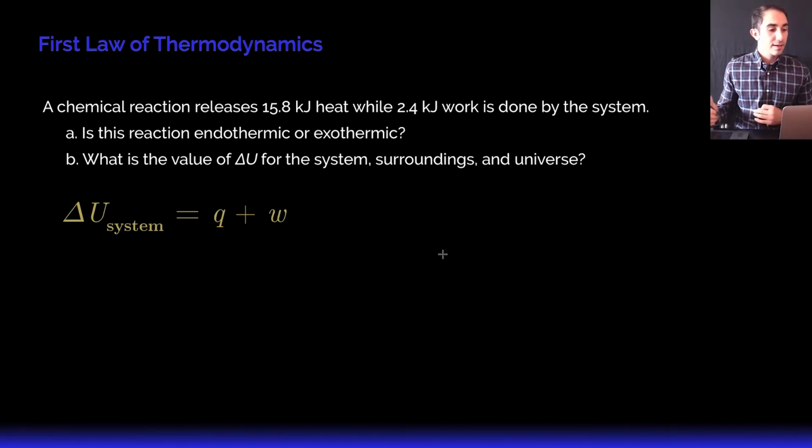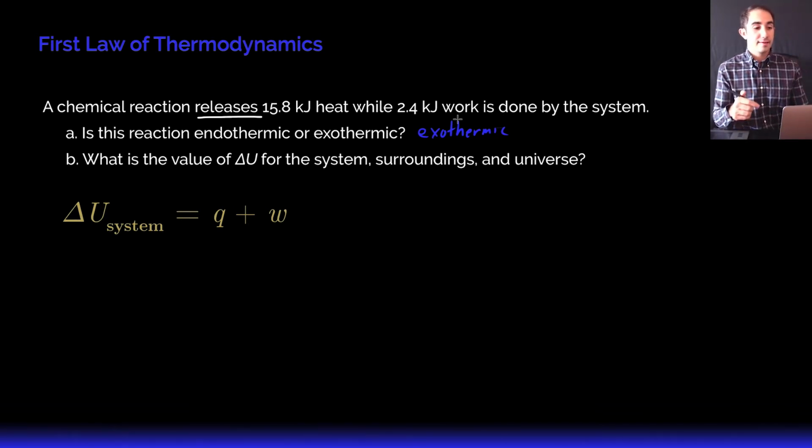So first, to answer, is this reaction endothermic or exothermic, we need to remember that endothermic means you are absorbing heat and exothermic means you are releasing heat. So if we're looking at this question, a chemical reaction releases 15.8 kilojoules. That means by definition that this is exothermic. But there's another important thing that is implied by that vocabulary.